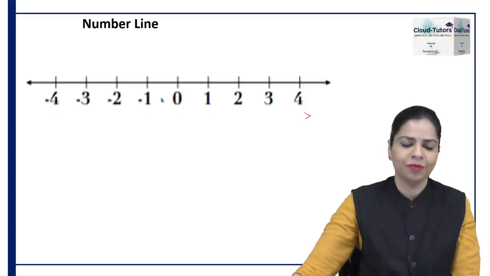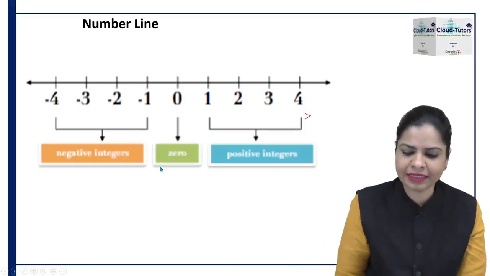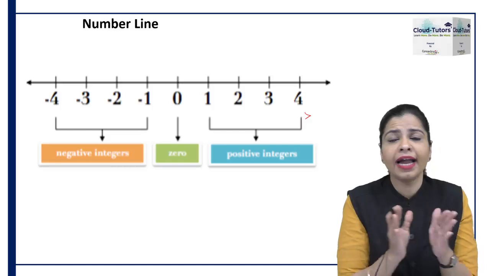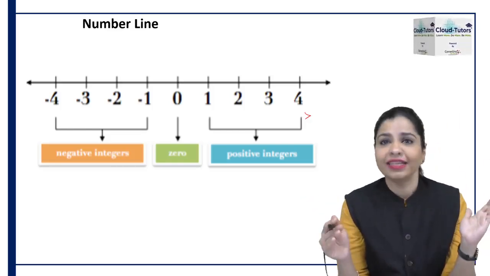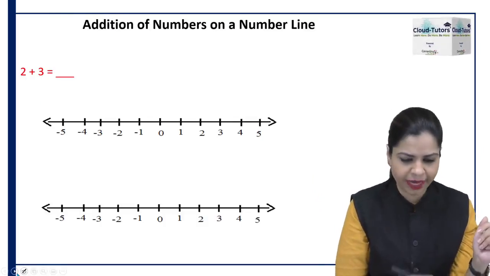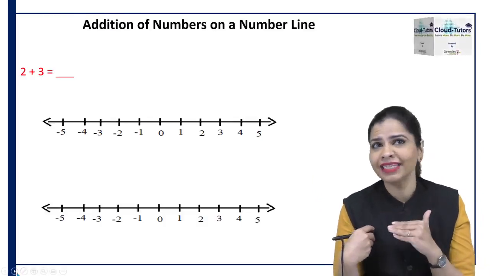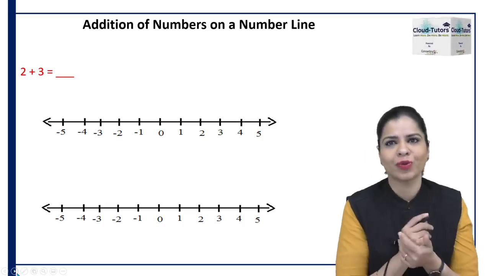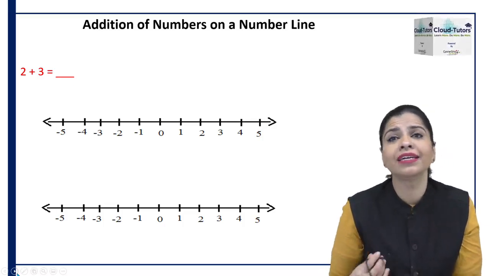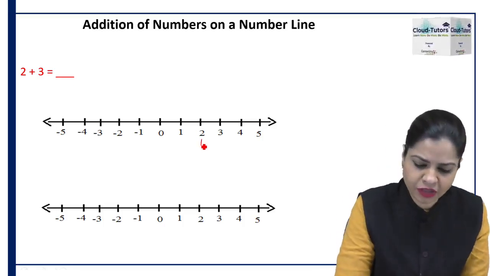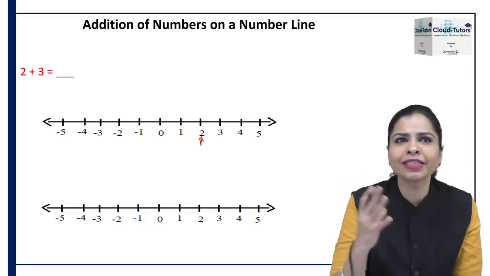Now let's see how this number line is. The central point is 0, and to the right we have positive numbers, to the left we have negative numbers. Okay? Let's recall how we add these numbers. So the first question here is 2 plus 3. Your starting point here is 2. So where is the 2? Here. So what do we do? How do we add 3 to it?